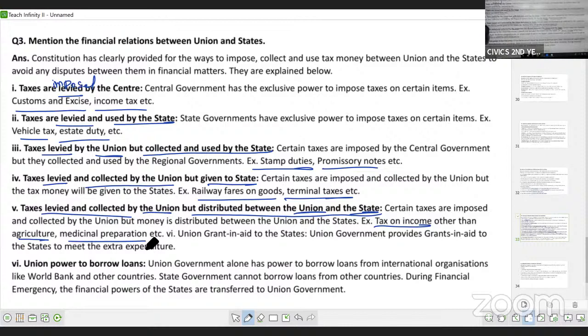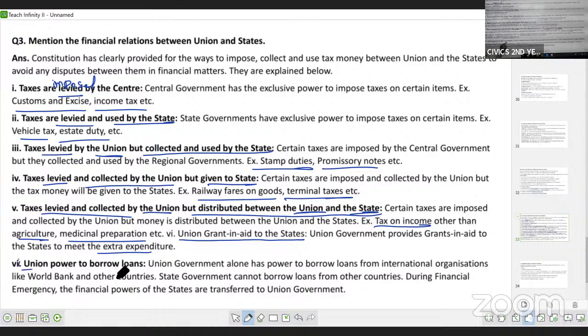Medicinal preparations. Then you have union aid to grant, that is, grants in aid. To meet extra expenditure, the central government can give grants or help the state government financially. That is grants in aid.